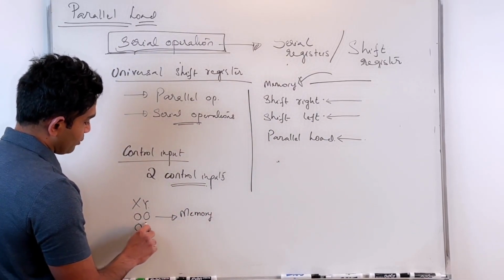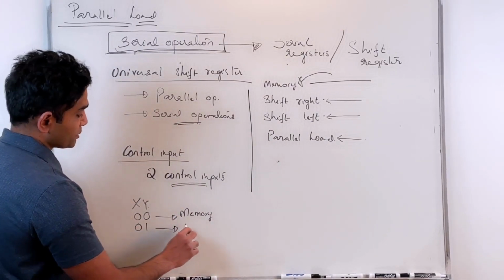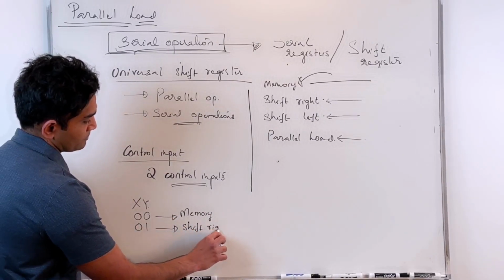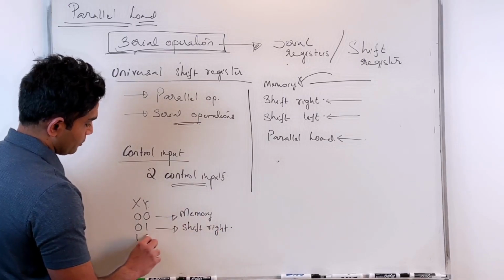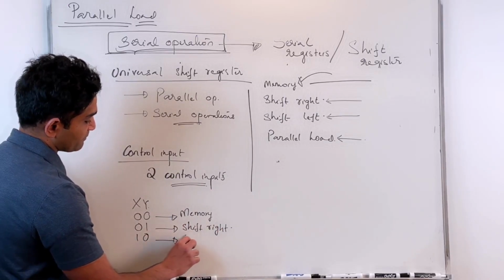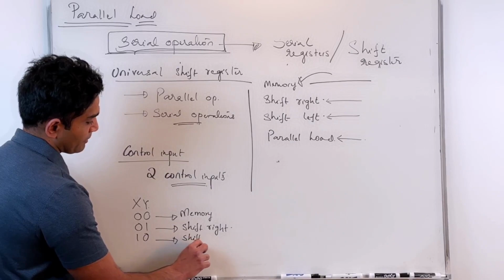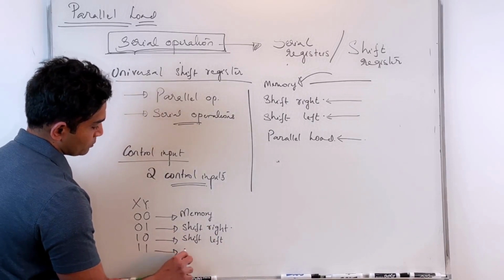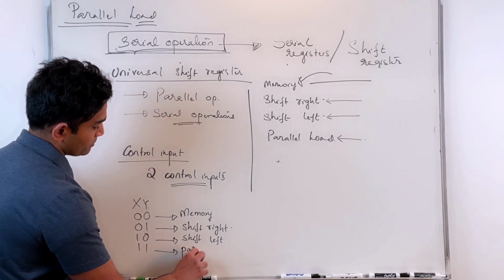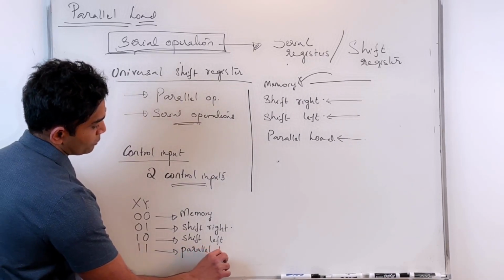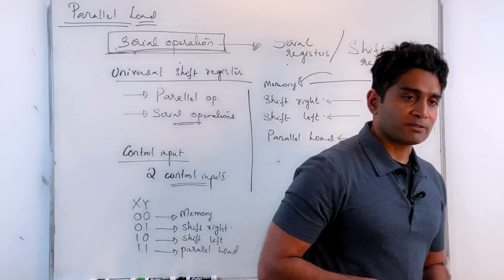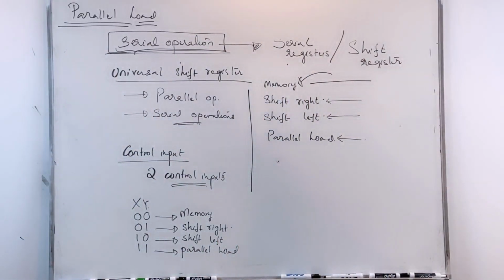Placing 0, 1 on xy corresponds to shift right operation. 1, 0 on my xy corresponds to shift left, and 1, 1 corresponds to parallel load operation, where I want to store the data from the data bus in parallel onto my shift register. That's a parallel load operation.